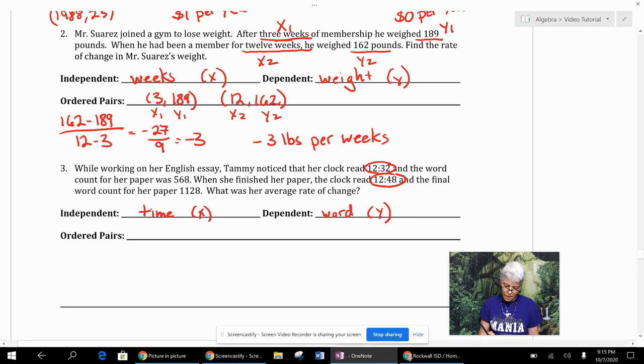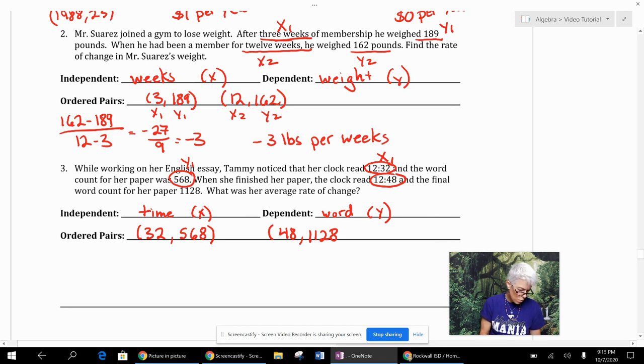So my first ordered pair, if this is my x1 and this is my y1, would look like this: 32, 568. Now, would you be wrong if you said 12:32? No, but you don't need it because the 12s would just cancel each other out. Then the next one is going to be 48 and 1,128.